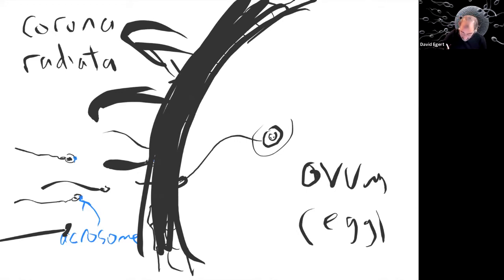From this model, you can see that the only thing you got from your dad is some DNA. Everything else, all of your cellular organelles, they're all from your mom's side. In fact, all of your mitochondria, which have their own unique DNA, it's all matrilineal.